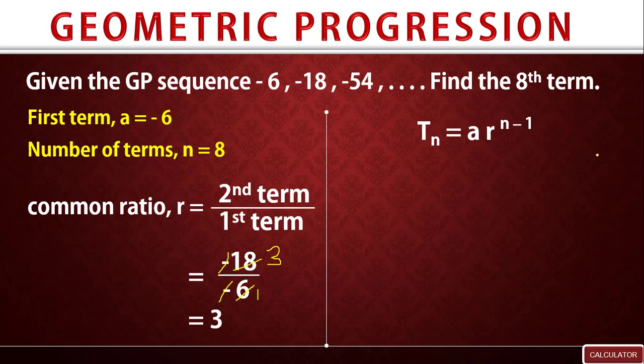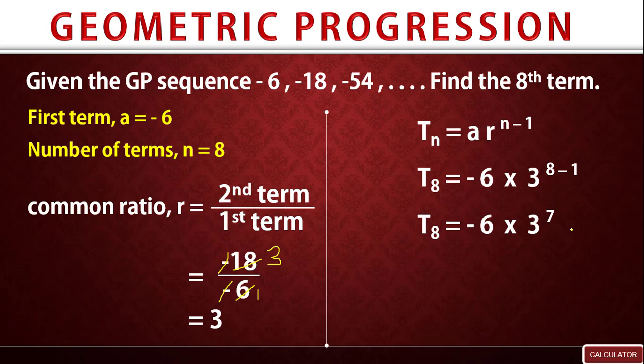So let's put all those into the formula, and so we have T8 equals to minus 6 times 3 raised to the power 8 minus 1. You've gotten that? Good. So what is 8 minus 1? That will give 7. So there we have 3 raised to the power 7. And so we have T8 equals to minus 6 times 3 raised to the power 7.